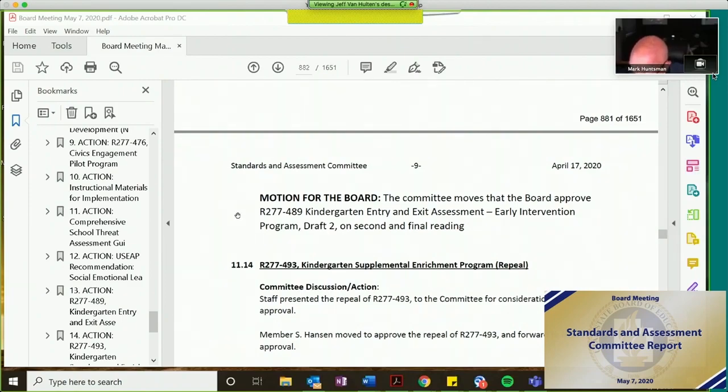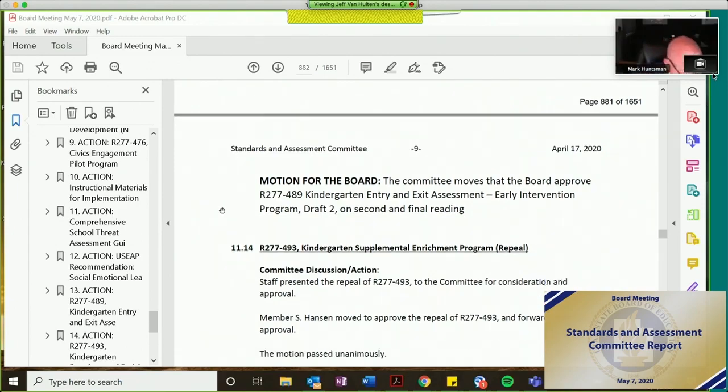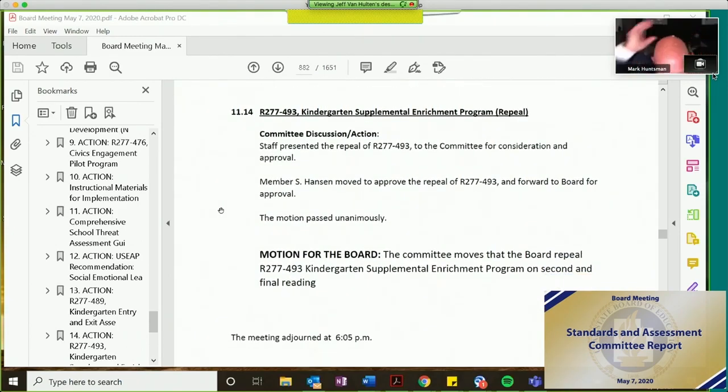Member Thorpe, Aye. I go back to Member Davis, Aye. Okay, and Member Huntsman is an aye. The motion passes. Okay, please continue.